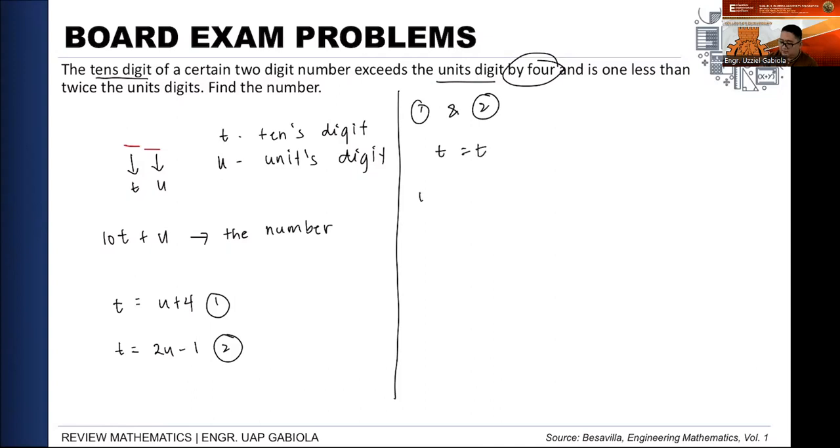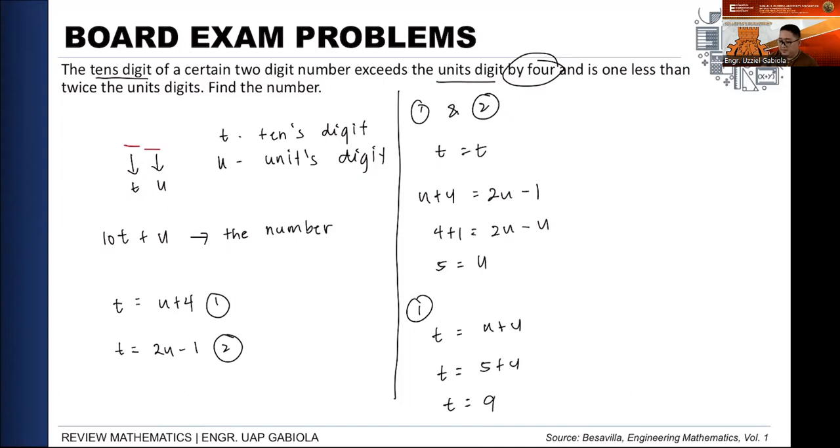So u plus 4 is equals to 2u minus 1. Simplify natin, this will be 4 plus 1 is equals to 2u minus u, or 5 is equals to u. So may value tayo ng u is equals to 5. And then, kunin lang natin equation 1, t is equals to u plus 4. So t is equals to 5 plus 4, or t is equals to 9.